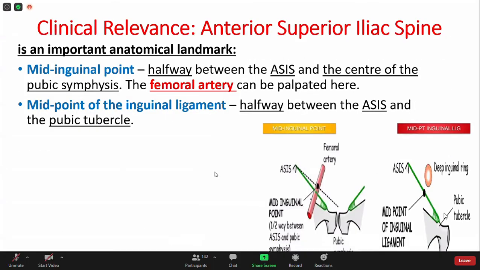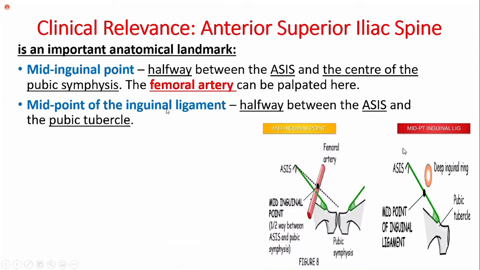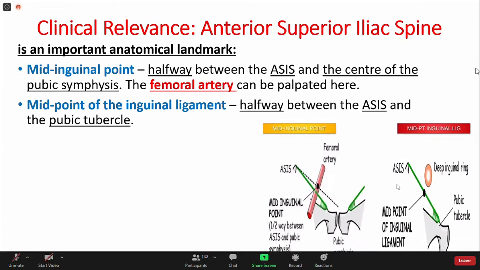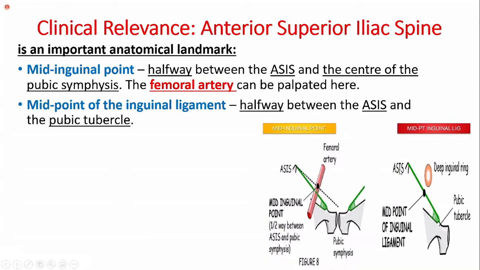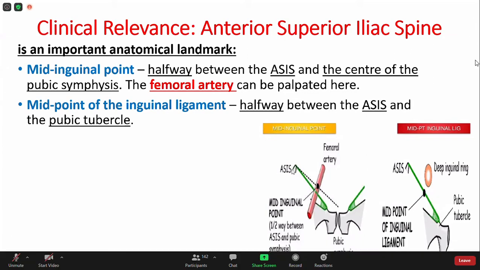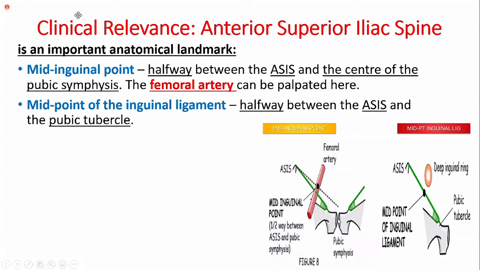Okay. So what's the importance of the iliac spine? This is very important clinically. You have two important landmarks. One is called the mid-inguinal point. Basically, it's halfway between the anterior superior iliac spine and the center of the pubic symphysis.